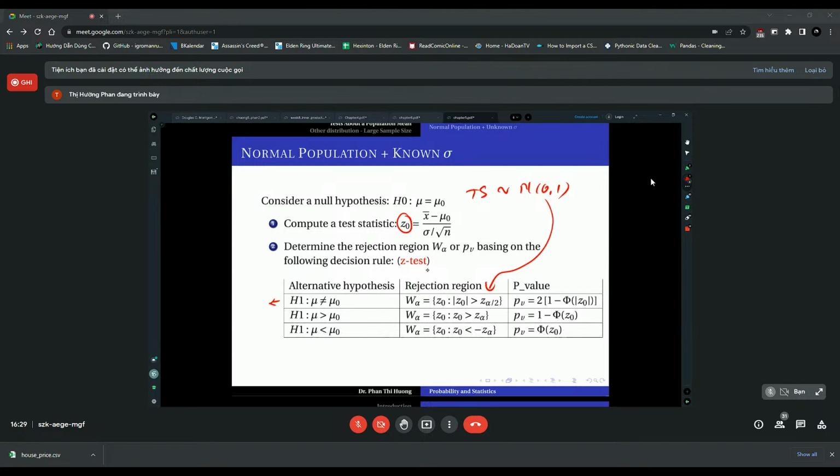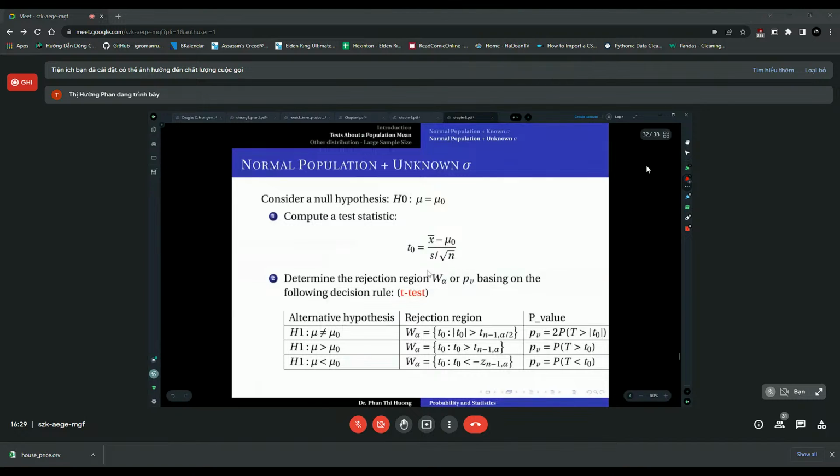Because the test statistic follows the standard normal, we call it the Z test. The Z test just means that we base our decisions on the standard normal. And the table for the Z test is always the same. It depends only on the significance level alpha.